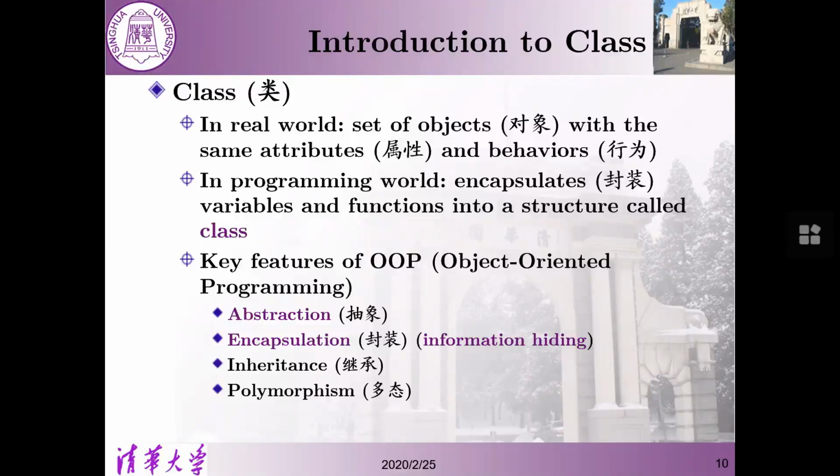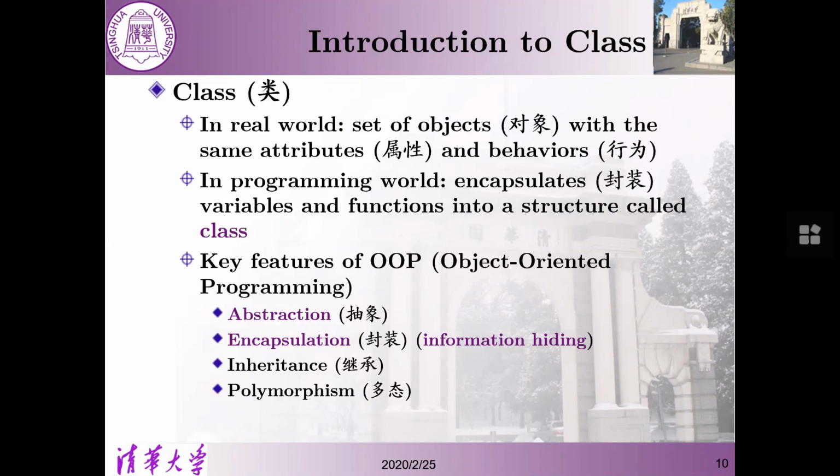In the real world, a class is a set of objects with the same attributes and behaviors. Then in the programming world, we have the corresponding class, which is what we are learning here. In the programming world, a class encapsulates variables and functions into a structure called a class.